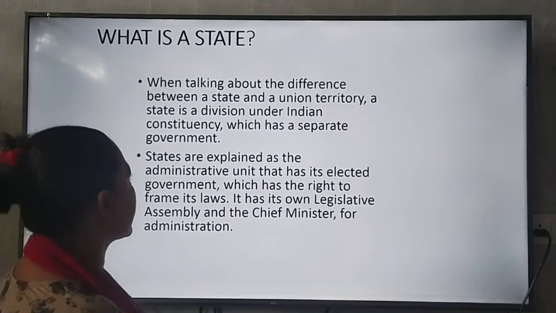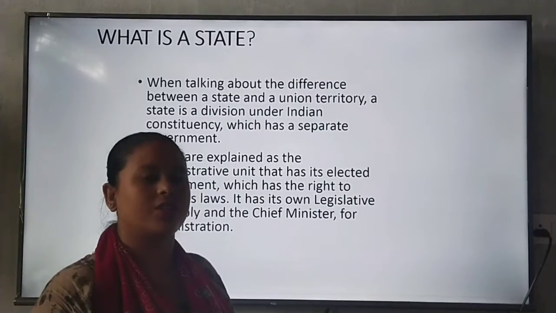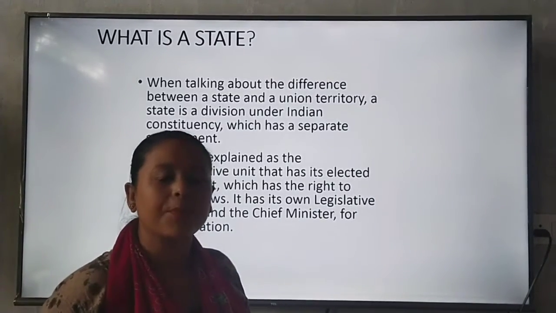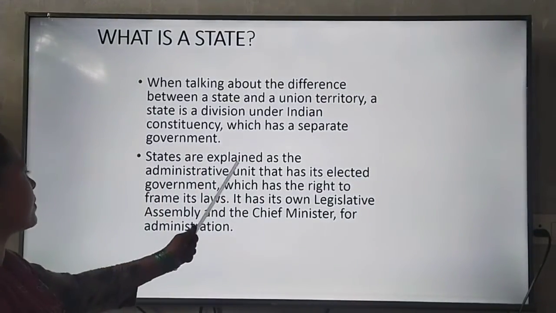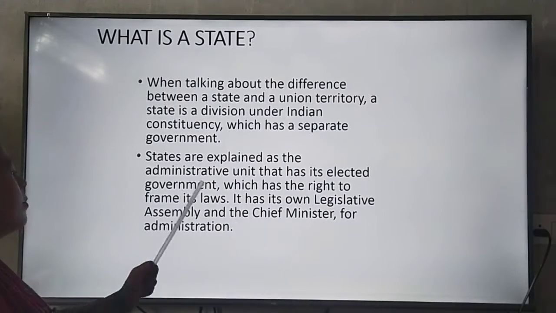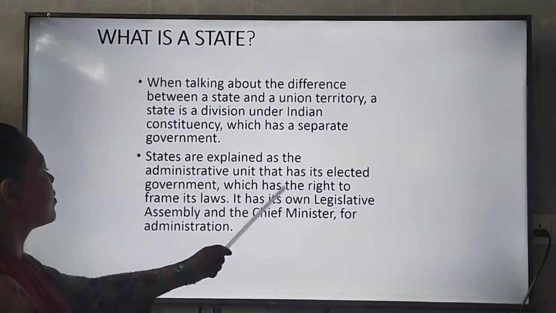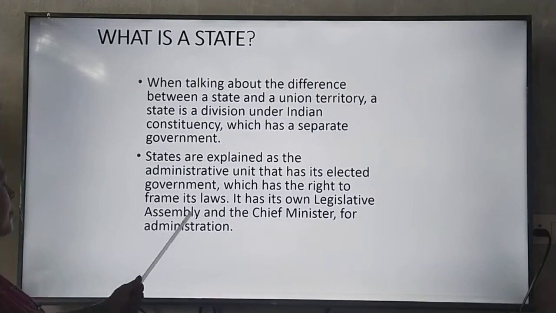So children, state is a division under Indian Constitution which has a separate government. Understood? States are explained as the administrative unit that has its elected government which has the right to frame its law. It has its own legislative assembly and the chief minister for administration.